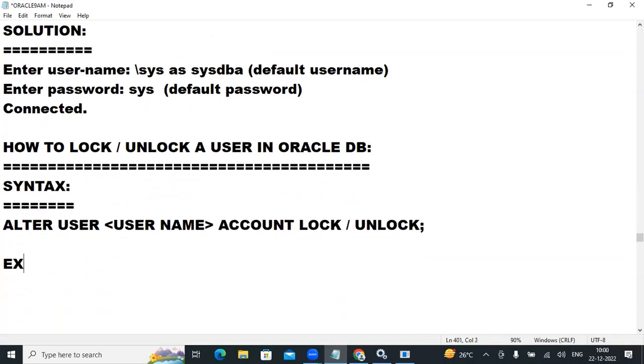And in the below example, alter user, my username is system, and I should go for account, which is already locked, and I want to make it unlock.